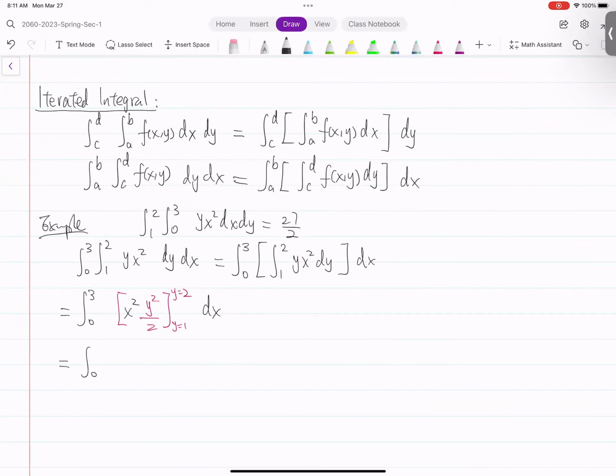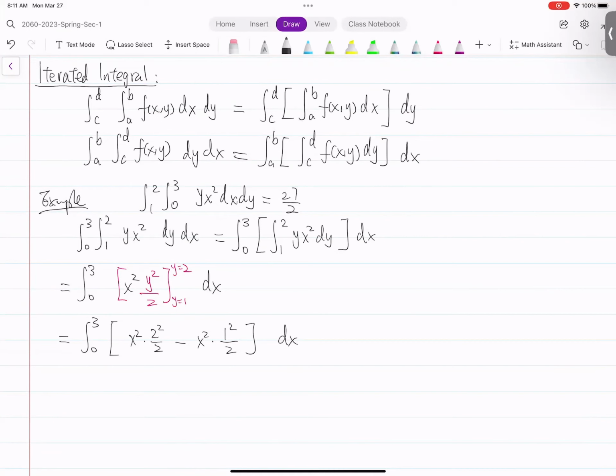So what's on the outside still is kept there. So we're just plugging y equal to 2 and 1 and doing the subtraction. So it's going to be x squared times 2 squared over 2 minus x squared times 1 squared over 2. So you have 2 times x squared minus 1/2 x squared.